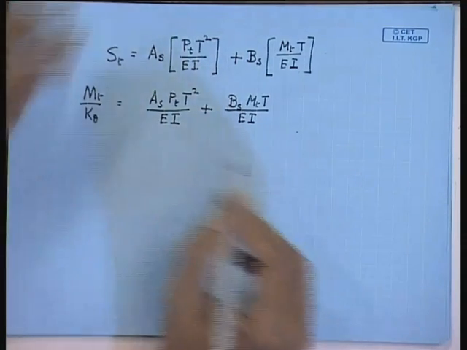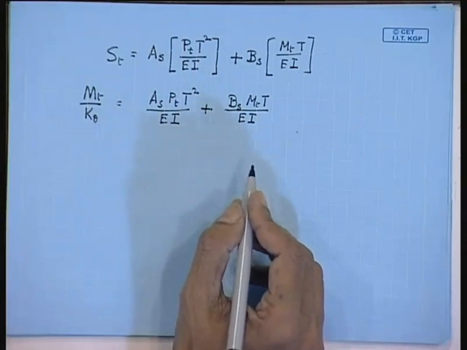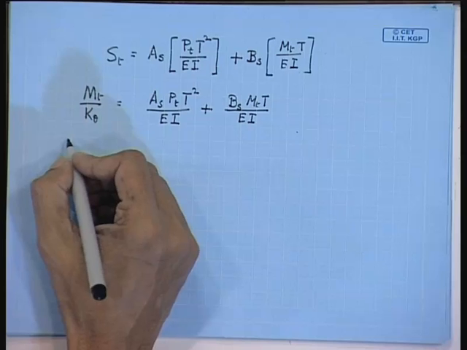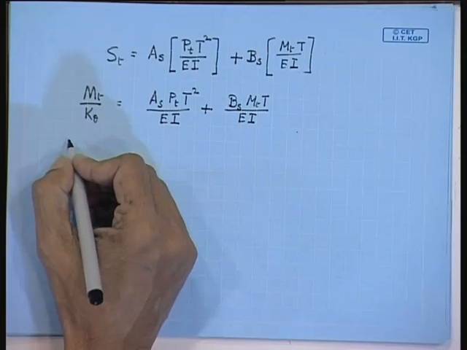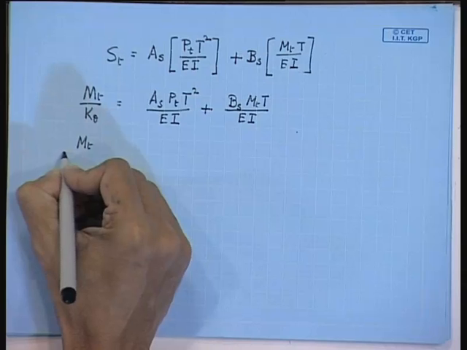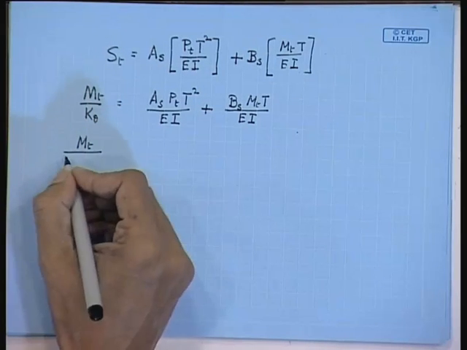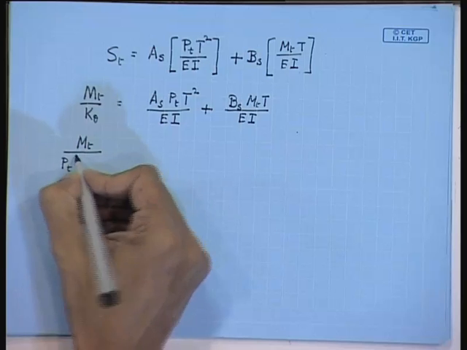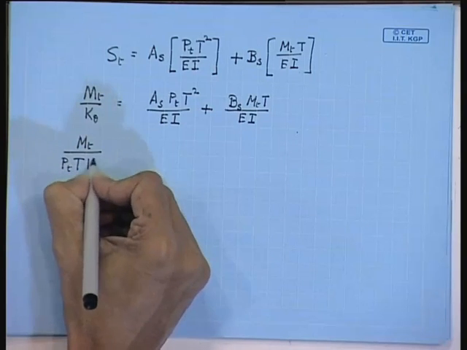Now, you collect all these terms. So, this side we will get MT is PT T K theta.